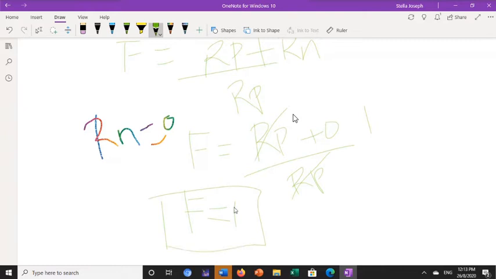Remember, if there is no noise resistance in my circuit, then my noise factor value is unity. That means my SNR value at the output as well as the input of the circuit will be the same. If there is no noise resistance, then my noise factor will become 1. Okay, so copy this now.